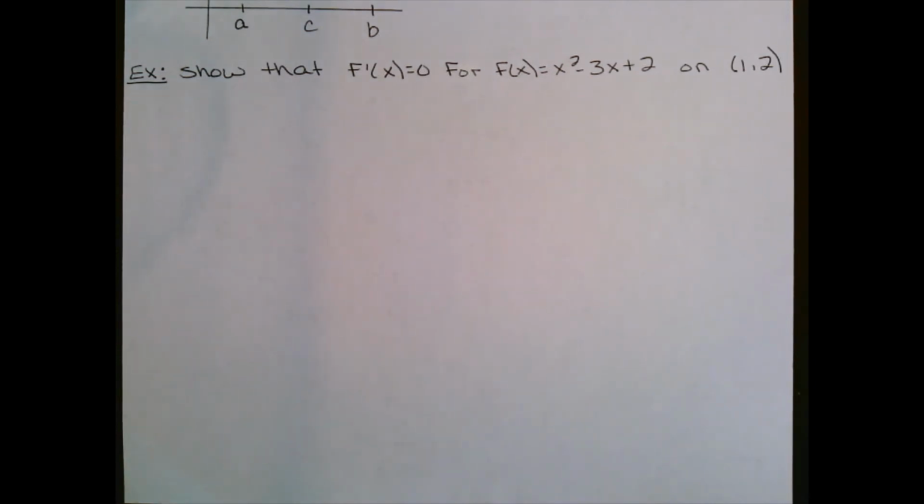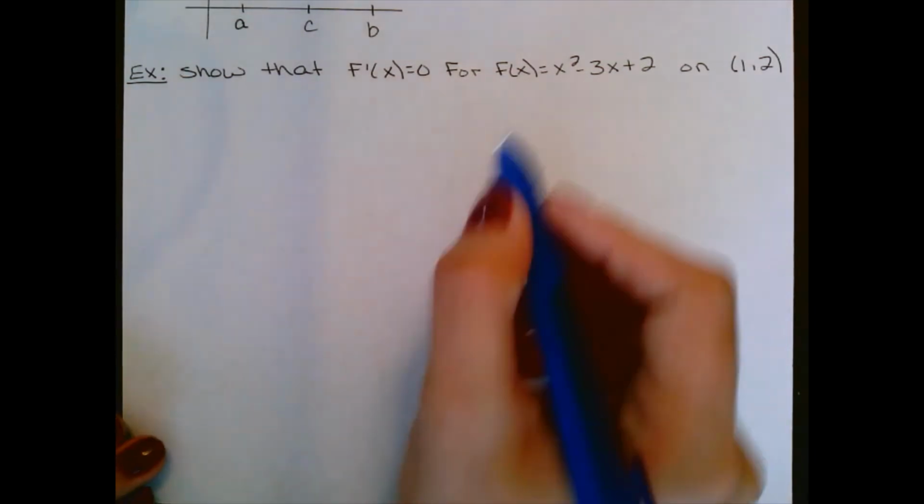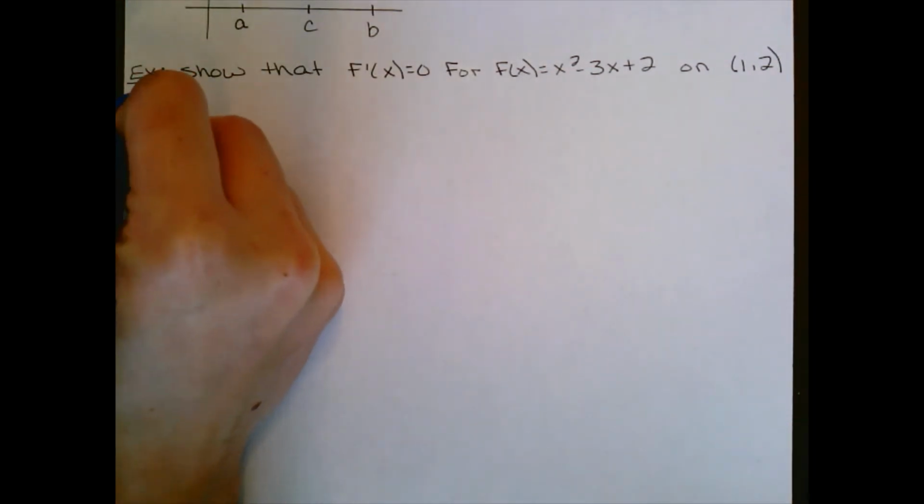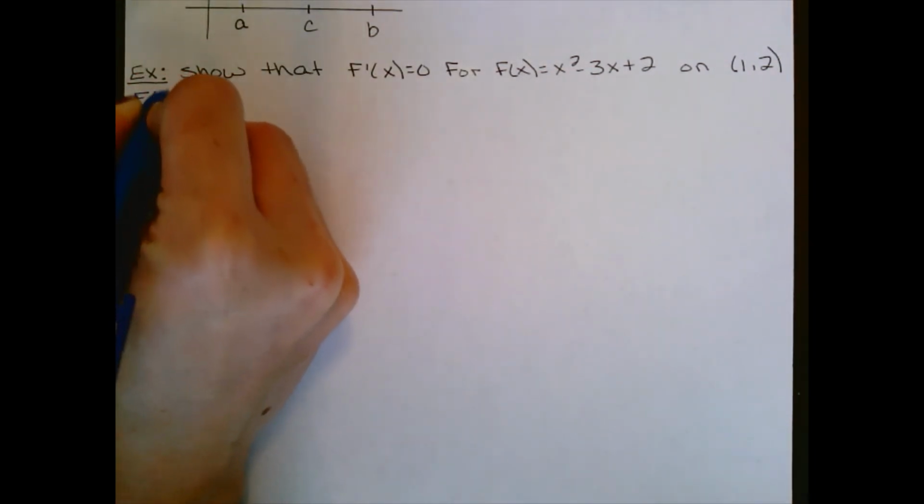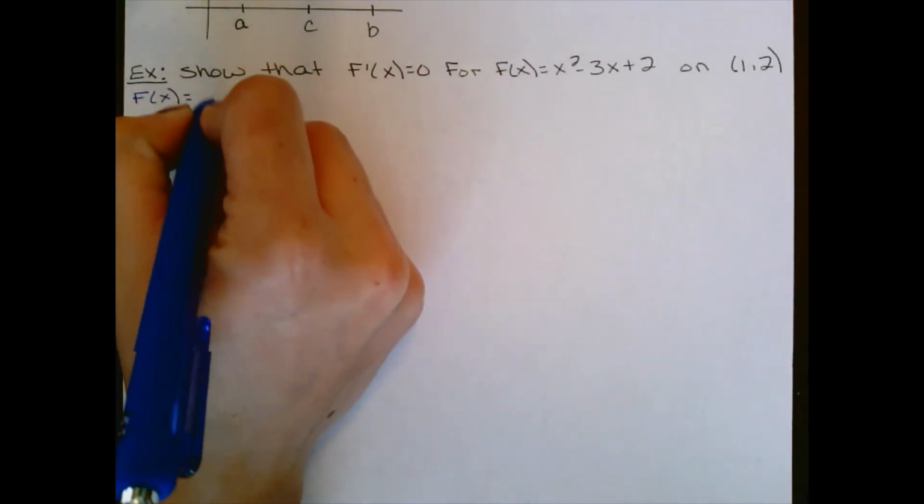It says, show that f prime of x equals 0 for f of x on the interval from 1 to 2. Well, to start off with, f of x, the highest exponent is an x squared. So automatically, I know that f of x is a parabola.